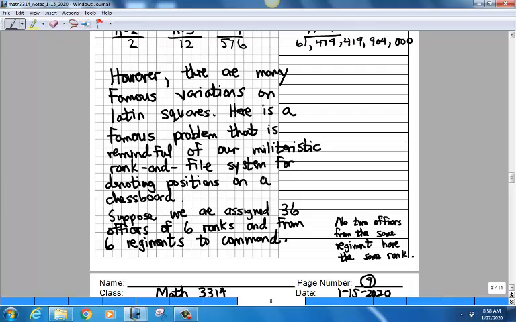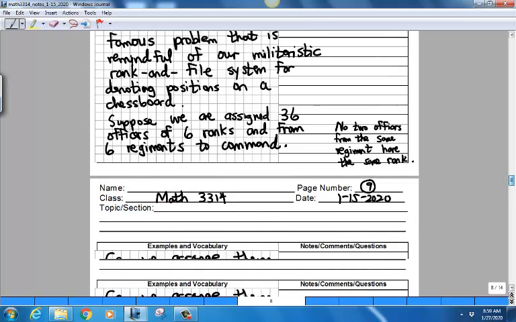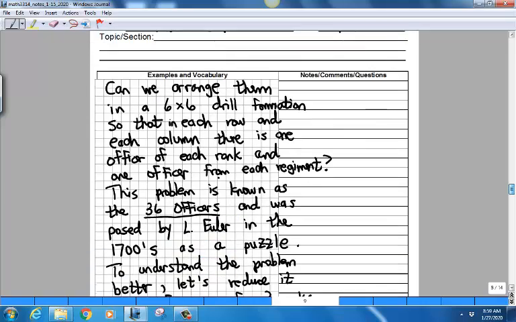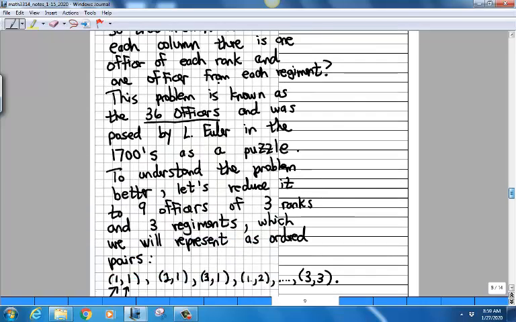Let's suppose we have 3 different ranks and 3 different regiments, and let's see if we can arrange them in such an array. So let's think about the problem of the 9 officers, as opposed to the 36 officers.